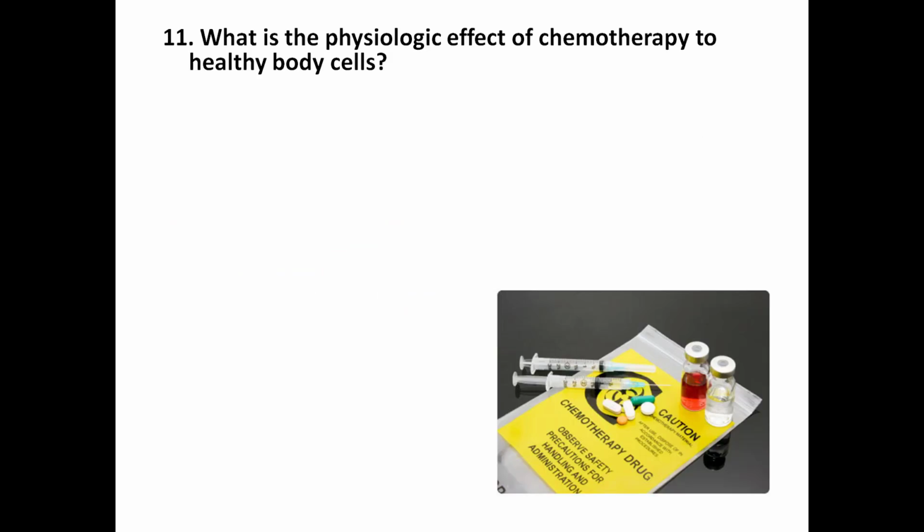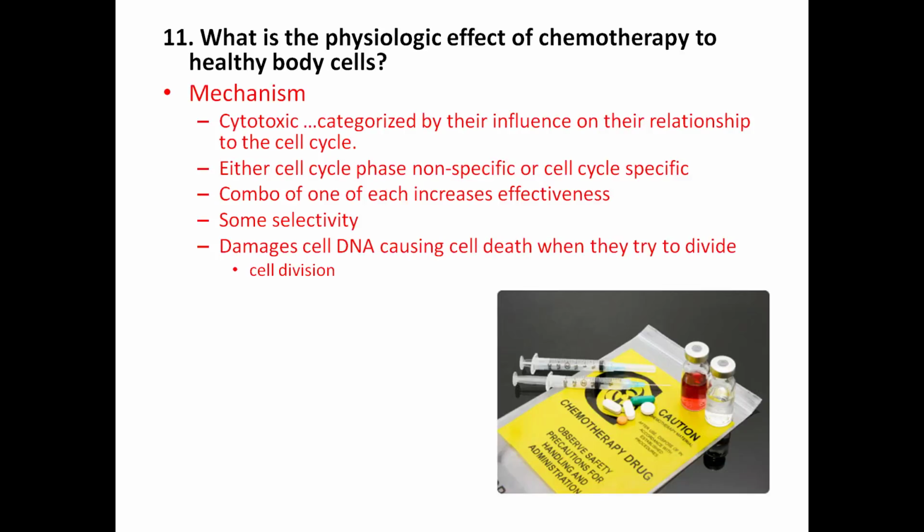So what are the physiological effects of chemotherapy on healthy body cells? Well, the actual mechanism is that it's cytotoxic. There are only 3 ways of getting rid of cancer. You either poison it with chemotherapy, you burn it with radiation, or you cut it out with surgery.